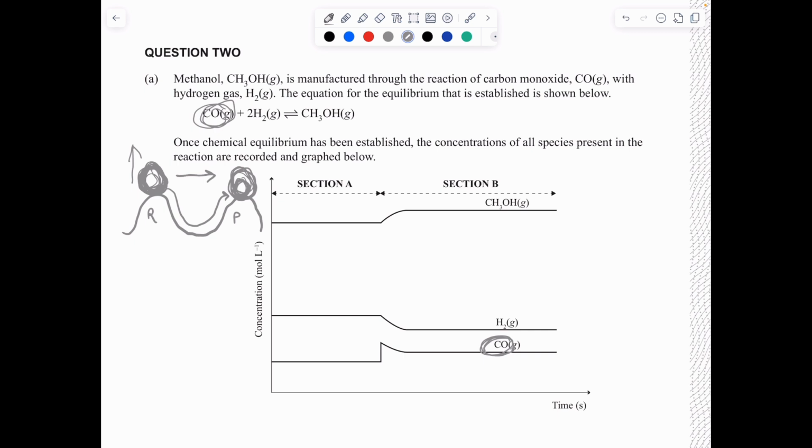So to counteract that increase in reactants, we want to use it up, shift the equilibrium to the right to make the products bigger and the reactants smaller, which is what is shown here. When more reactant is added, can you see that the reactants is decreasing over here while the products is increasing? This is all to do with restoring equilibrium.